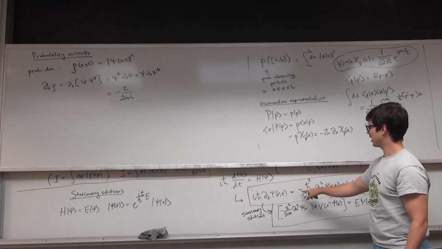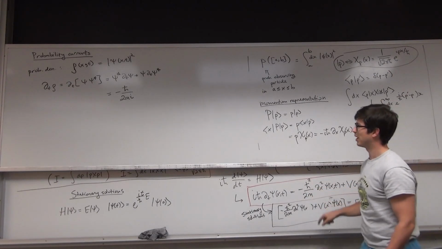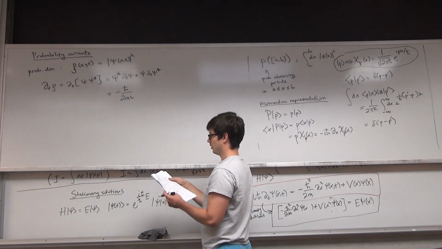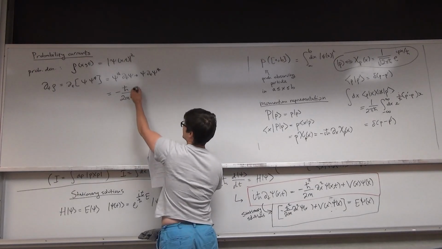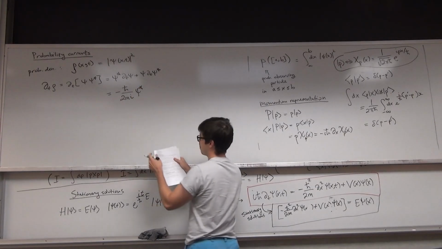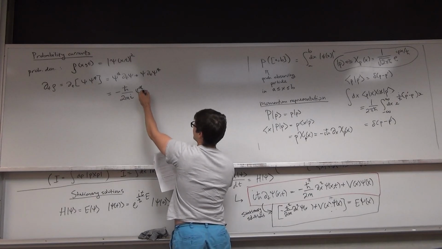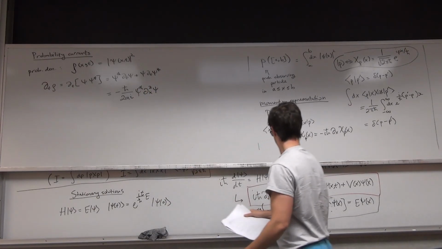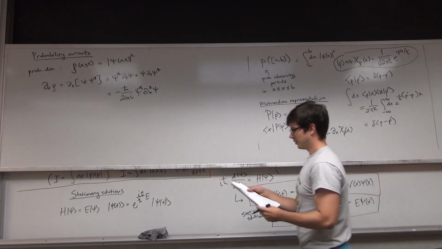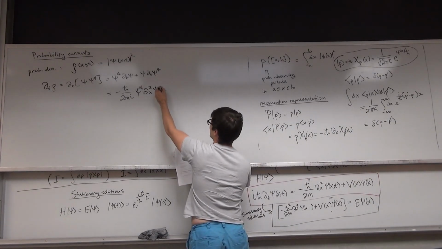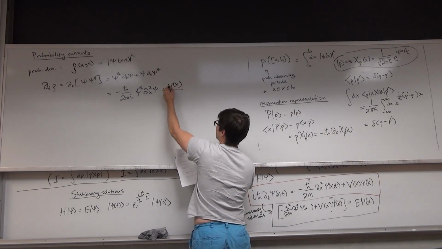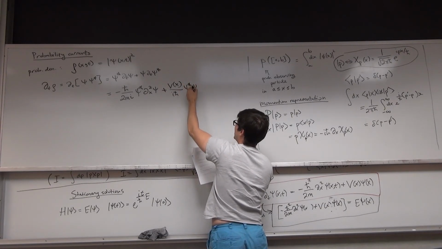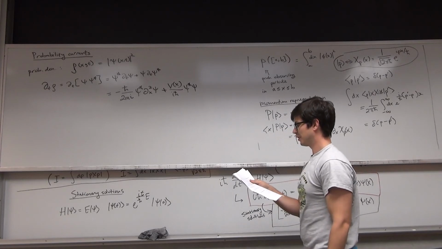So this over here becomes minus h bar over 2mi, psi star, the second partial derivative with respect to x of psi. That's this part. And then there's the potential, plus V of x over i h bar, psi star psi. That's the first term.